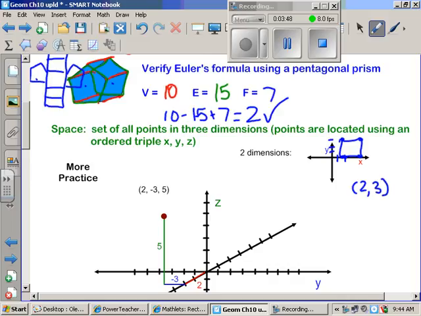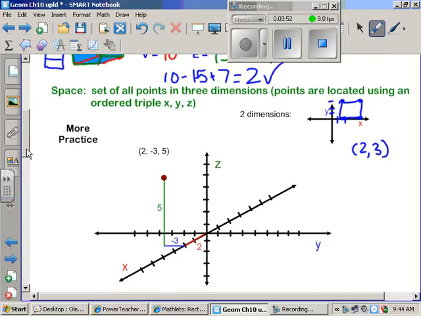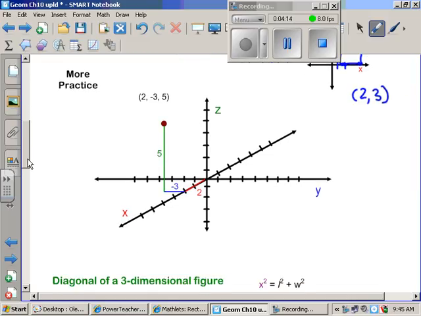Now, in 3 dimensions, they've taken this XY axis and turned it flat. Basically we've always looked at the XY axis like we're looking down on it from the top. Now we're going to look at it from the side. We're going to add the dimension of height.